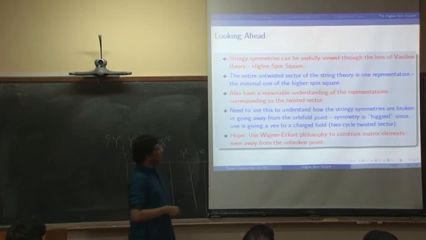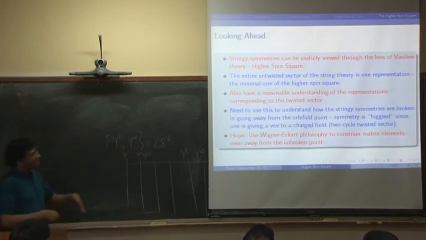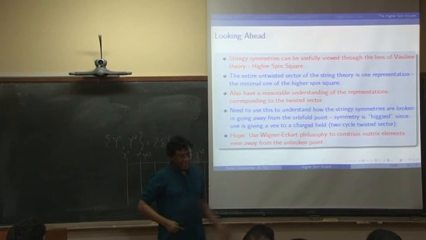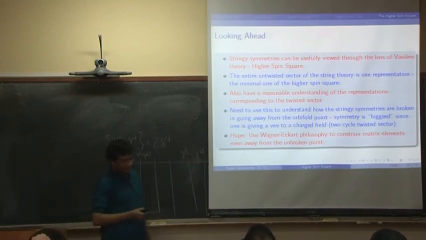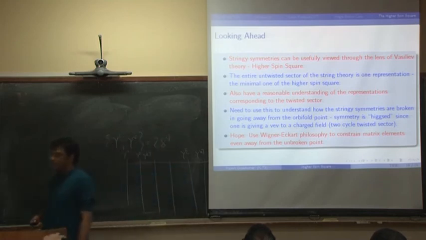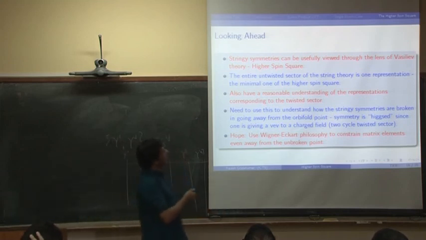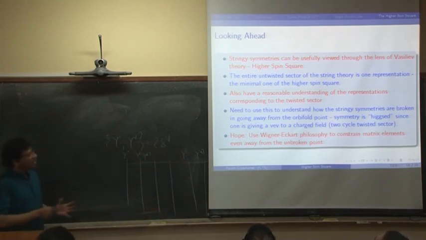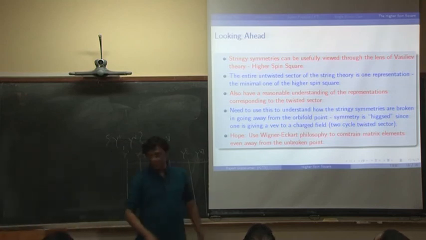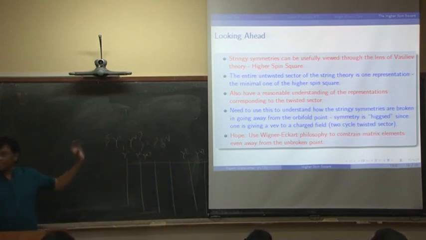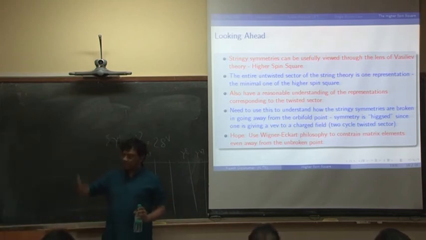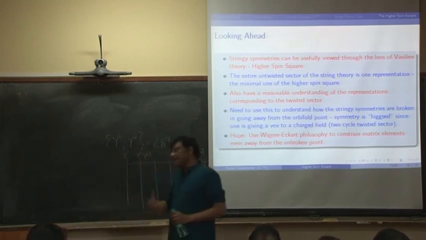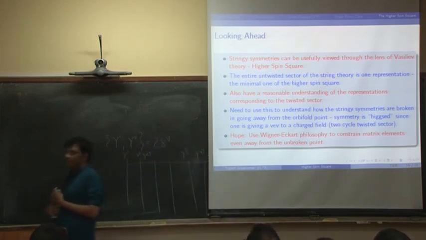It would be very nice to use these symmetries to see whether the theory, when you give a wave to this two-cycle twisted sector, which is what takes you away from the free theory, whether the stringy symmetries constrain the theory. So it's sort of Higgsing the symmetry because you're giving a wave to a charged field. It's in a very specific representation, so what you understand through this is that you're breaking the higher spin symmetry in a very controlled way by giving a wave to a specific representation.